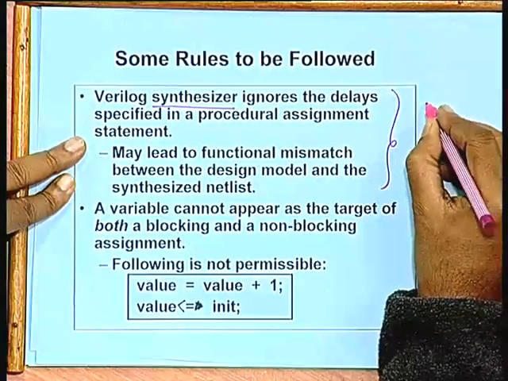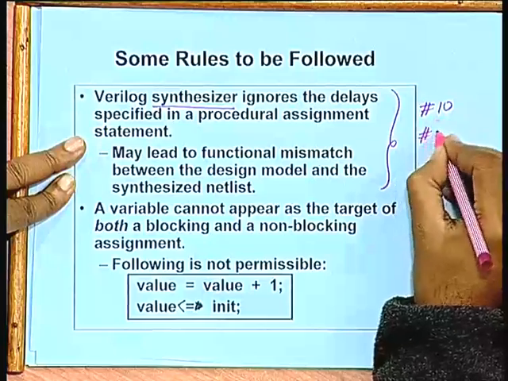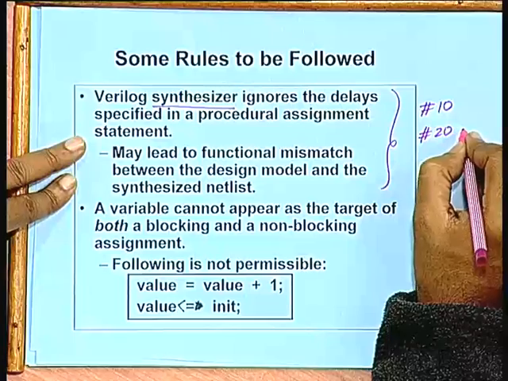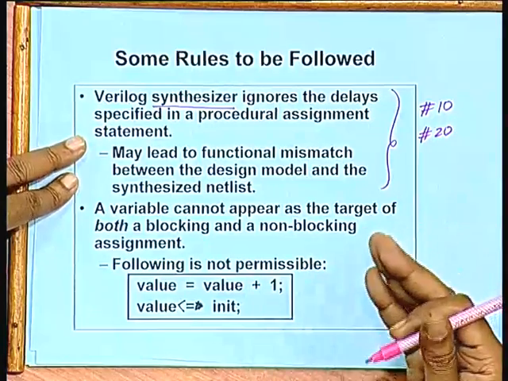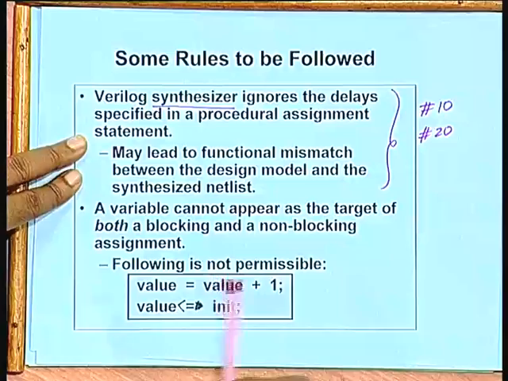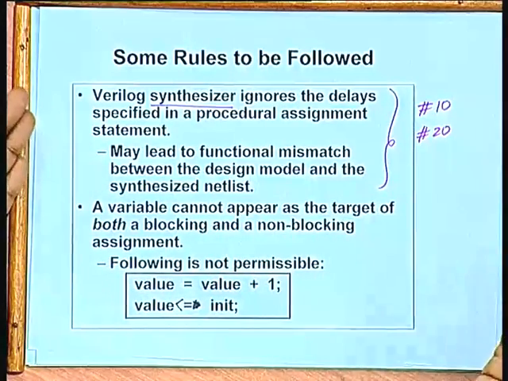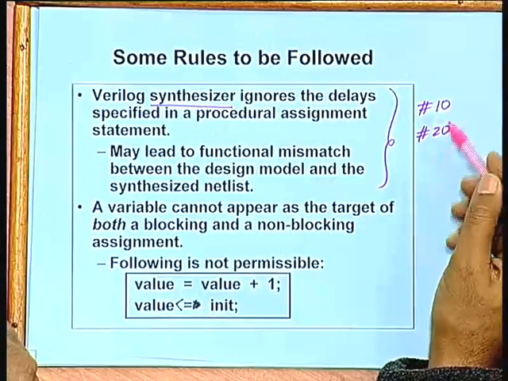Suppose in a code you explicitly specify some delays, #10, #20 something, then you are possibly running into a problem if your final target is to do synthesis, because after synthesis delays will be as per the components you are using, the technology library, and in simulation delays are as per the user specified values. So, when you compare the simulation outputs, there may be mismatches, the values may not be changing at the same times. So, you have to remember this when you are carrying out the simulation. Okay.